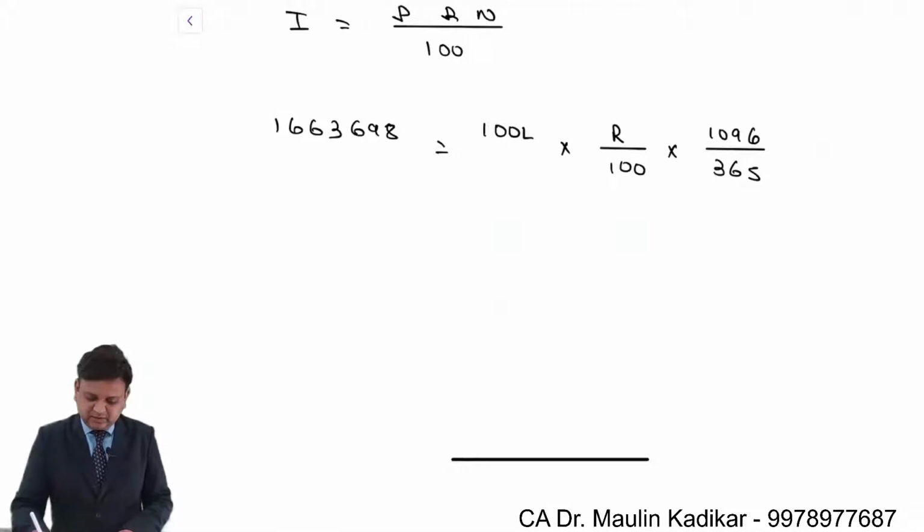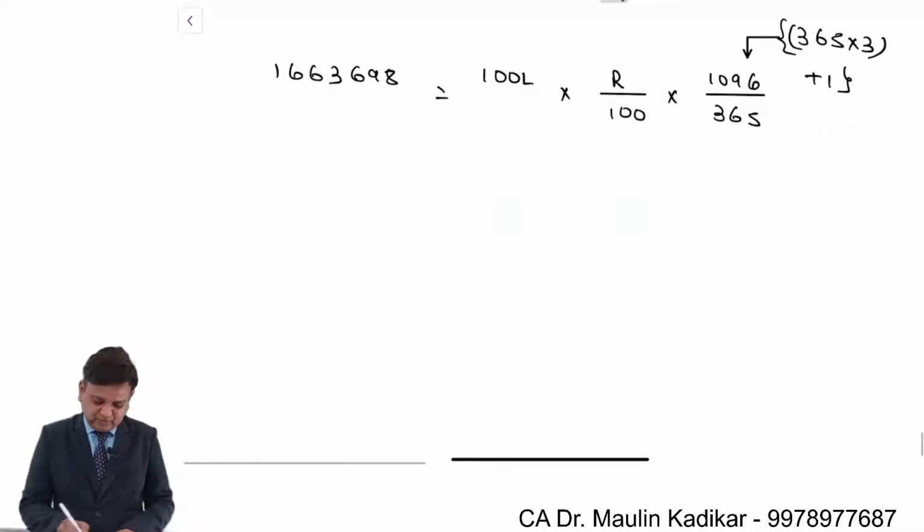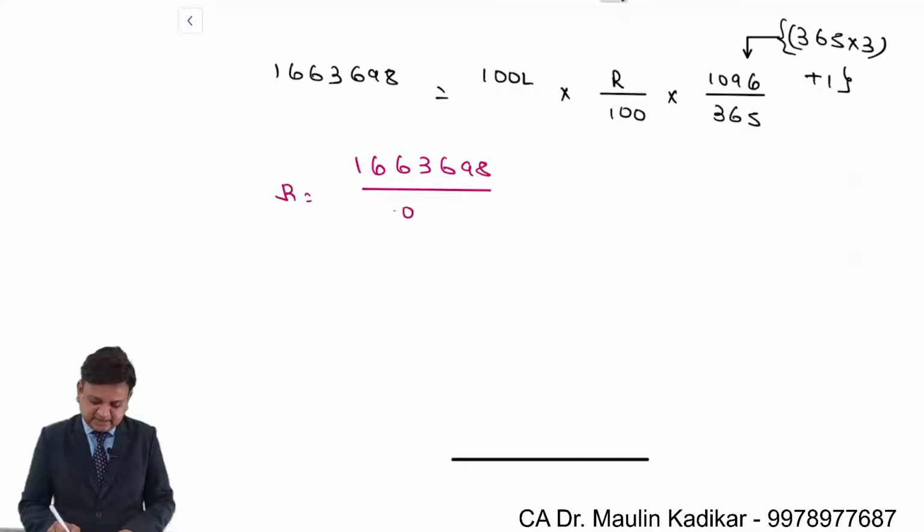So over here 1096 is calculated as 365 days in a year into 3, that is 3 years, plus 1, that is of 29th of February. So now R is found as a balancing figure: 16,63,698 divided by 100 lakhs into 365 divided by 1096 into 100 for getting the answer in percentage terms.